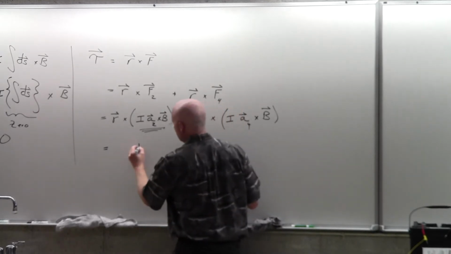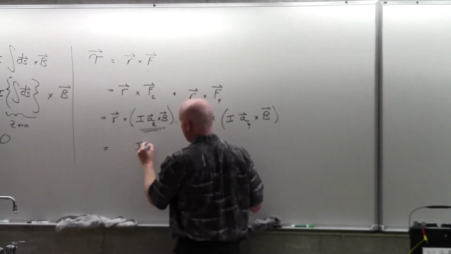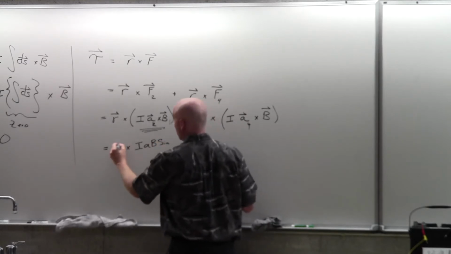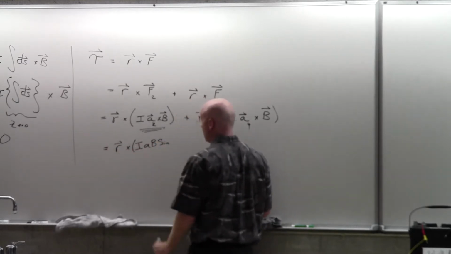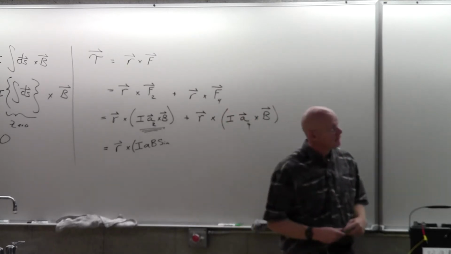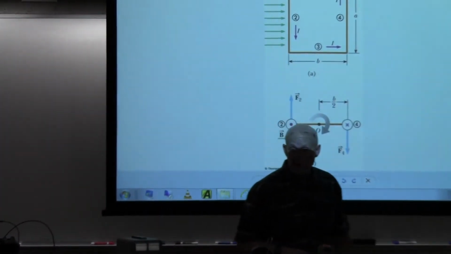Wouldn't that be I, A, B, sine of what would the angle be? Well, I guess in this picture it would show 90, right?